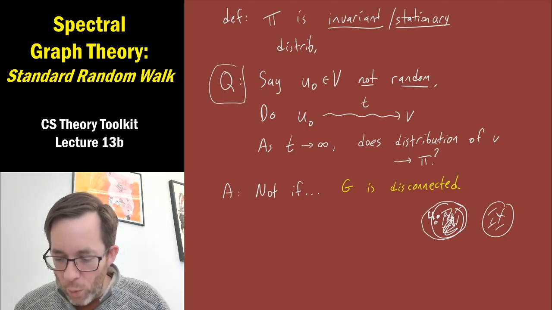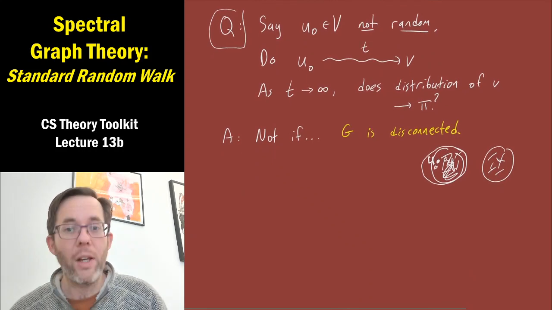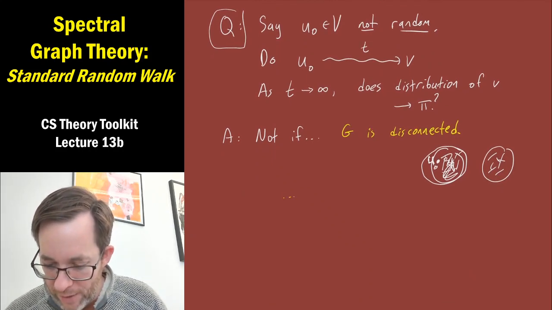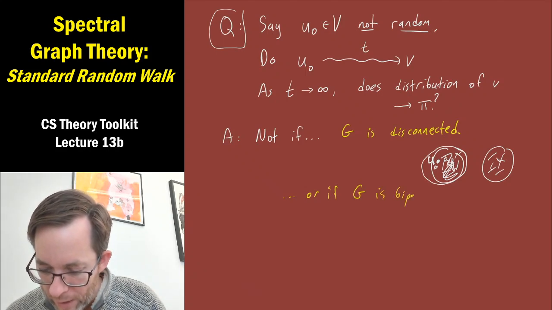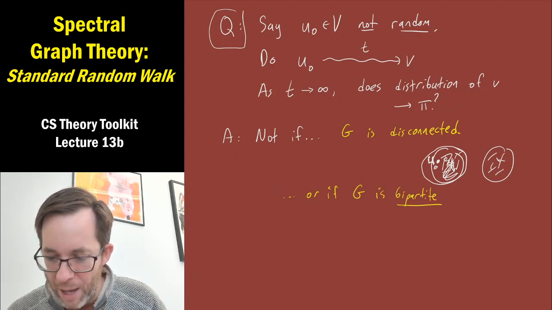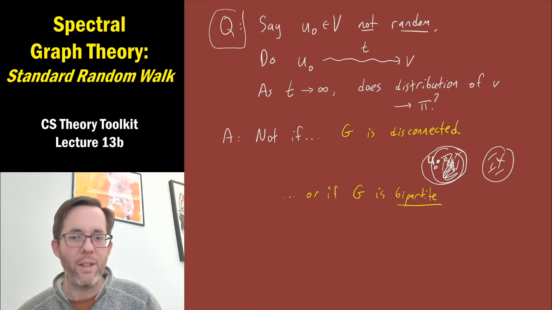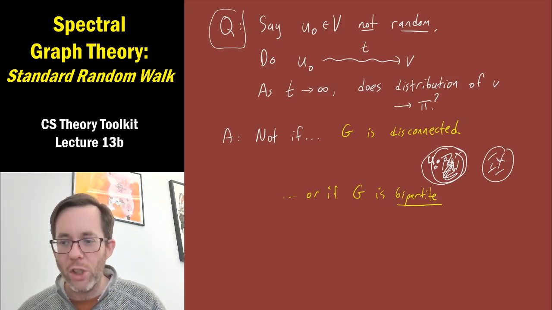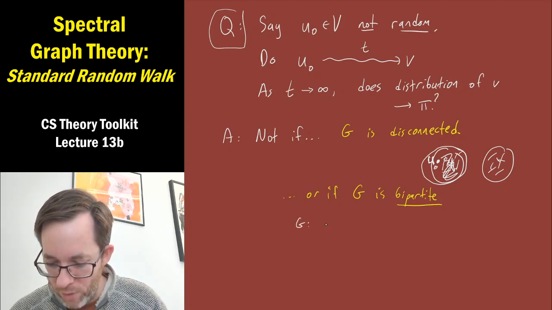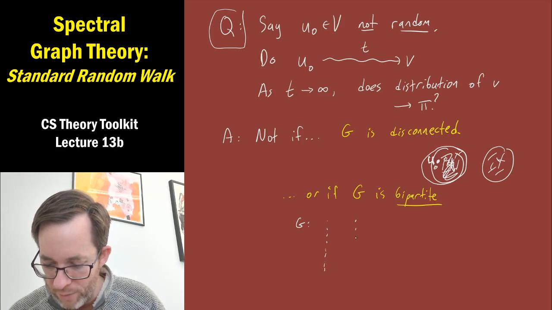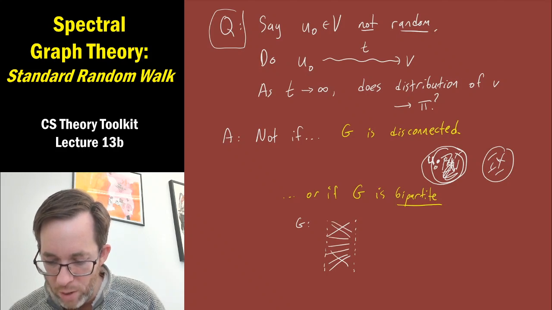There's one more annoying case where this hope fails to happen, and that's if G is bipartite. And in this case, the hope sort of fails to happen for, again, a bit of a silly reason, some kind of odd even issue with T. So if you have a bipartite graph G, it has some vertices here on the left-hand side, some vertices here on the right-hand side, and a bipartite graph has the property that all the edges go back and forth between the 2 parts.